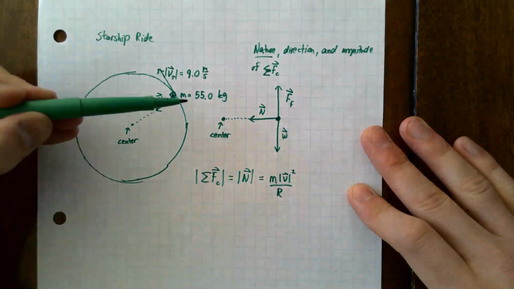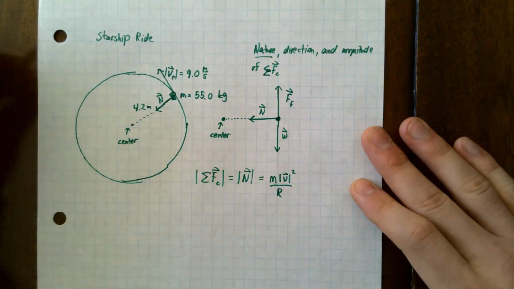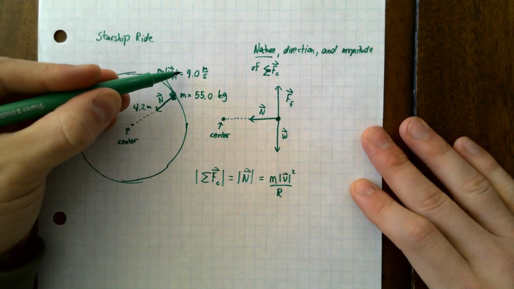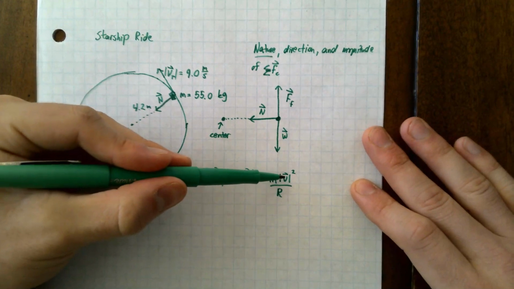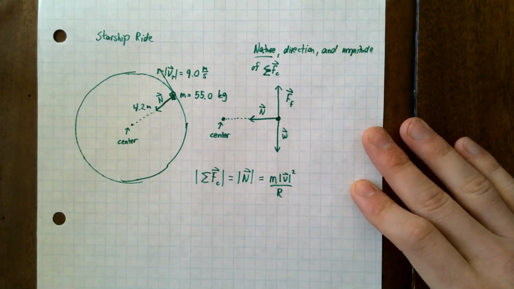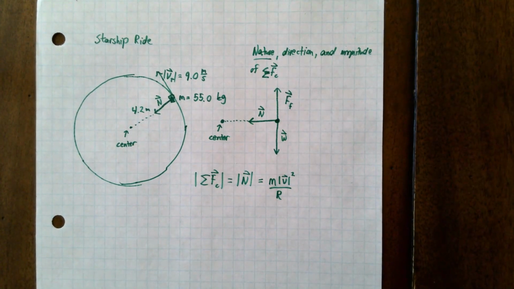We know the mass of our rider, 55 kilograms, we know the velocity, and we know the radius. So we can input these values of a velocity of 9 and a mass of 55. So 55 times 9 squared, which is 55 times 81, divided by a radius of 4.2.